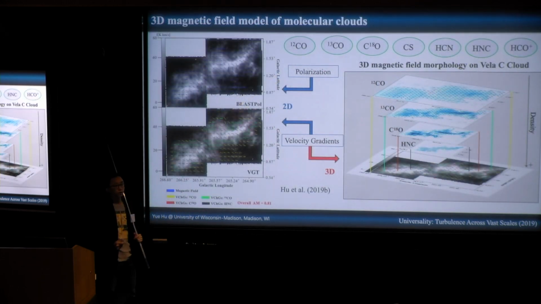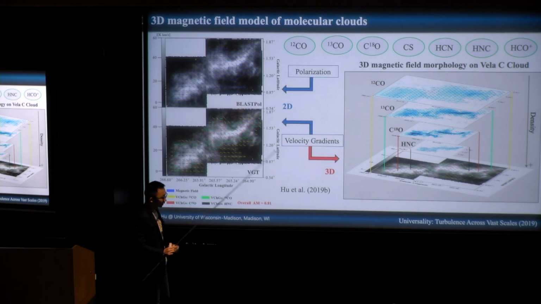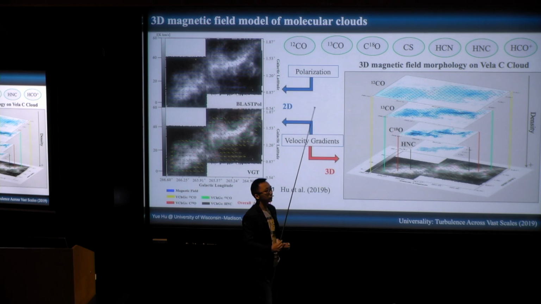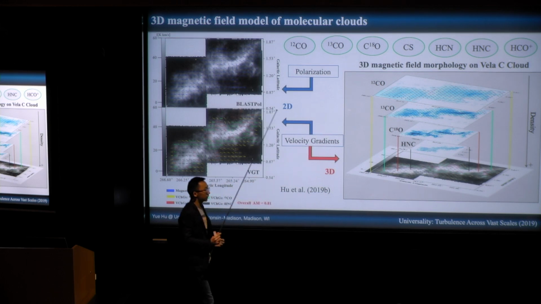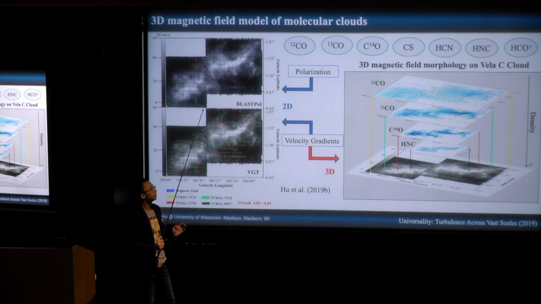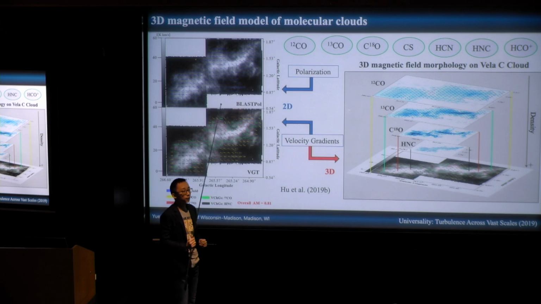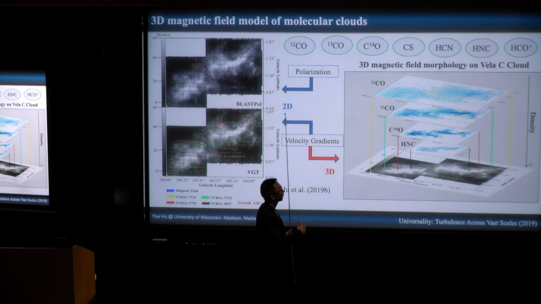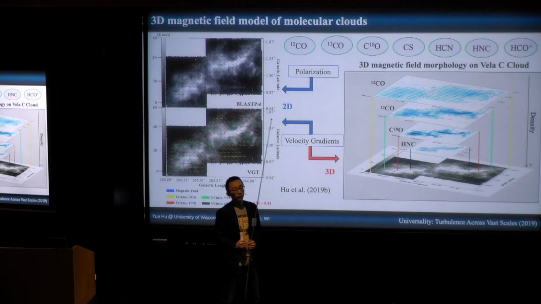In molecular clouds, the physical properties are different. To construct the three-dimensional magnetic field model in molecular clouds, we actually need different molecular tracers, because different molecular tracers correspond to different density regions of the molecular cloud. For example, 12CO can trace the outer layer of the molecular cloud, and HNC or C18O can trace the inner part of the molecular cloud.